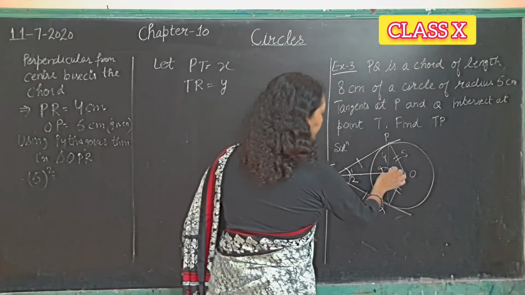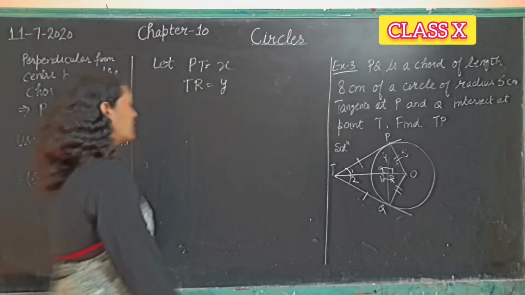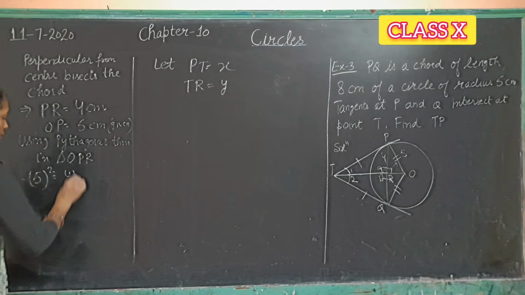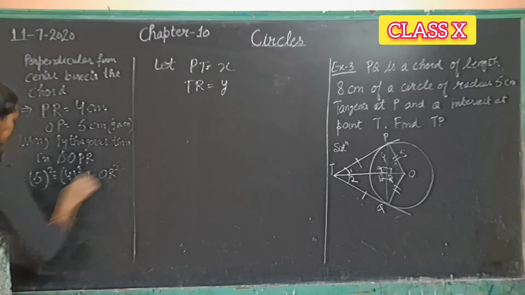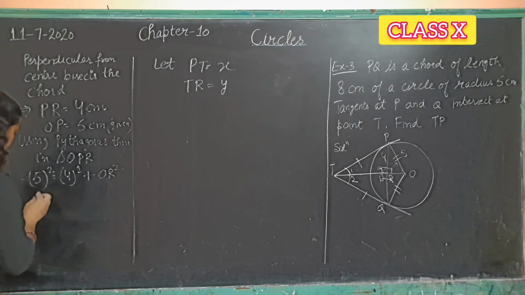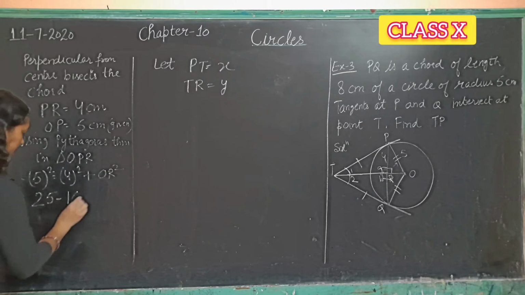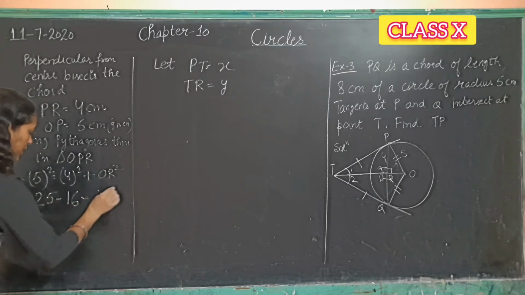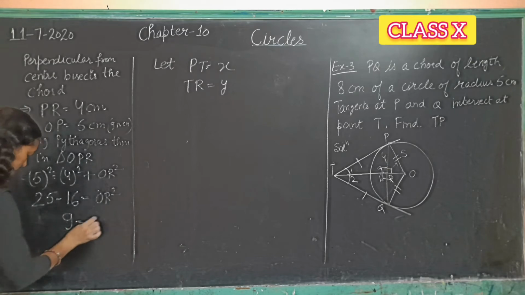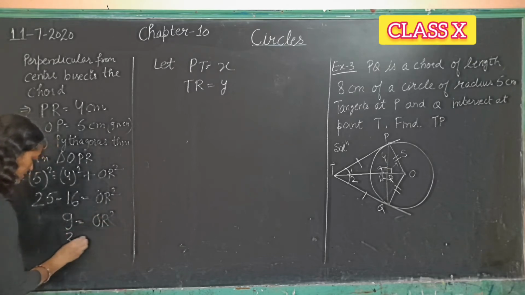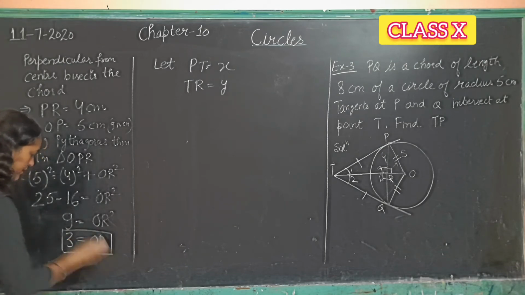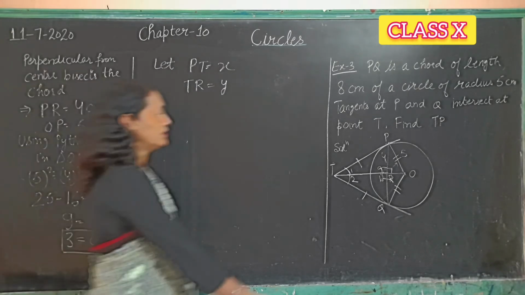Because opposite to 90 is 5, so this is the hypotenuse. 25 minus 16 is equal to OR square, 9 is equal to OR square, means OR comes out to be 3. This we have obtained, 3.